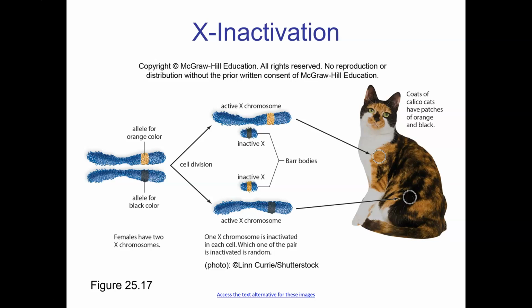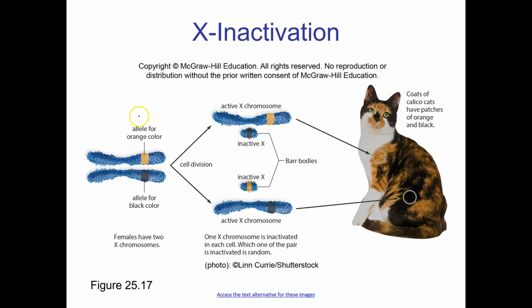Within the cell itself, one of those X chromosomes will be randomly turned off or inactivated. And you can see this best in calico cat coloration. The allele for the fur color in calico cats is found on this X chromosome.